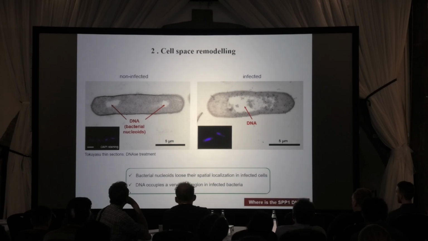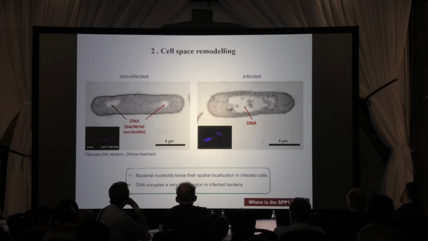So what we found is that the bacterial nucleoids of the cell lose their special localization, and during the process, we don't know exactly what happens. We look also by labeling where the bacterial DNA is. It's kind of pushed into the corners of this big compartment where DNA is, but it's still there.